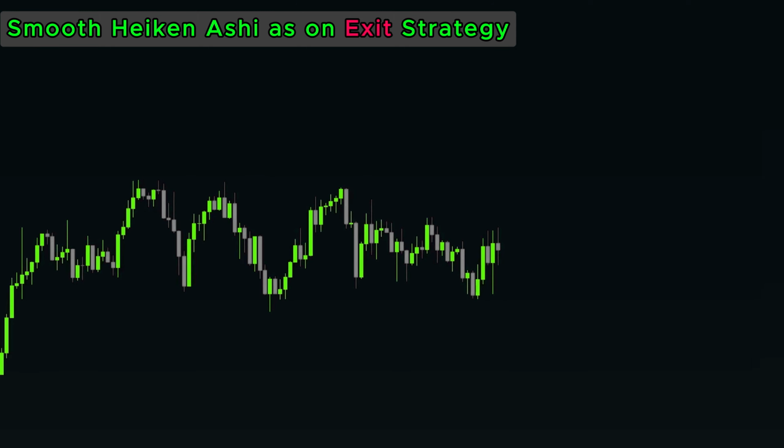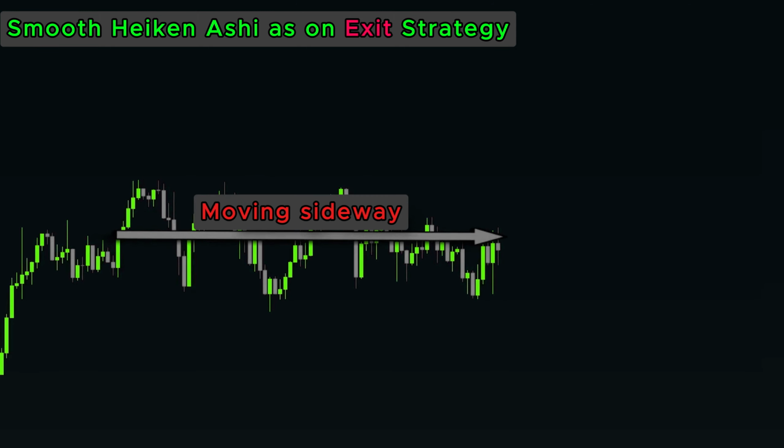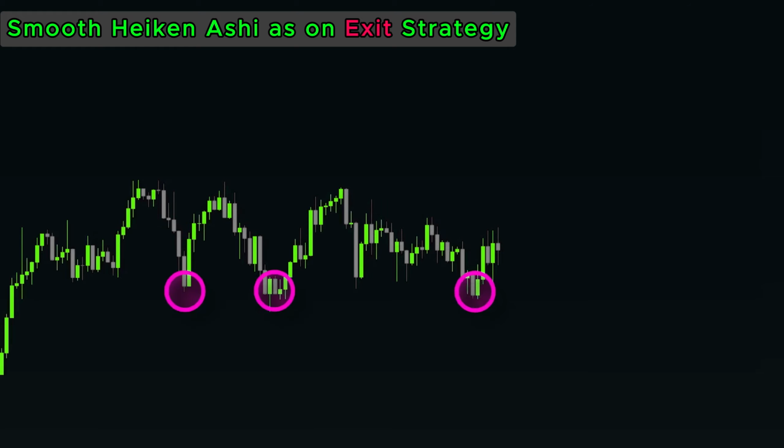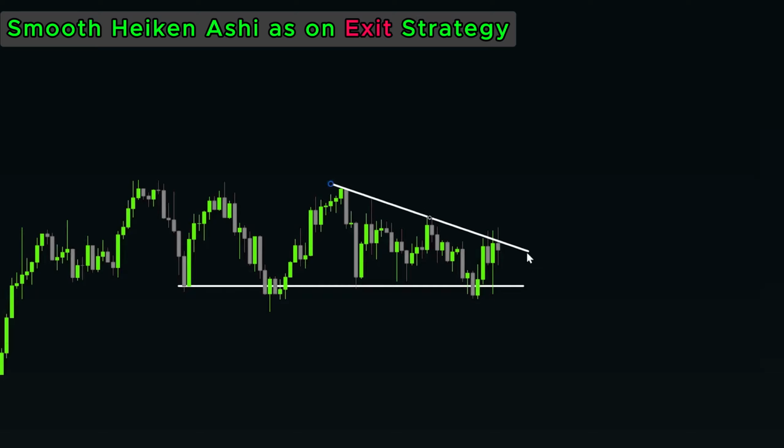In this chart, we can see that the market is moving sideways or within a range. And below this area here, we spotted multiple rejections, meaning we can draw a key support level down here, because price has a tendency to reverse after hitting that area. Next, at this level above here, we notice a downward trend line as the price is consistently rejecting this upper area.